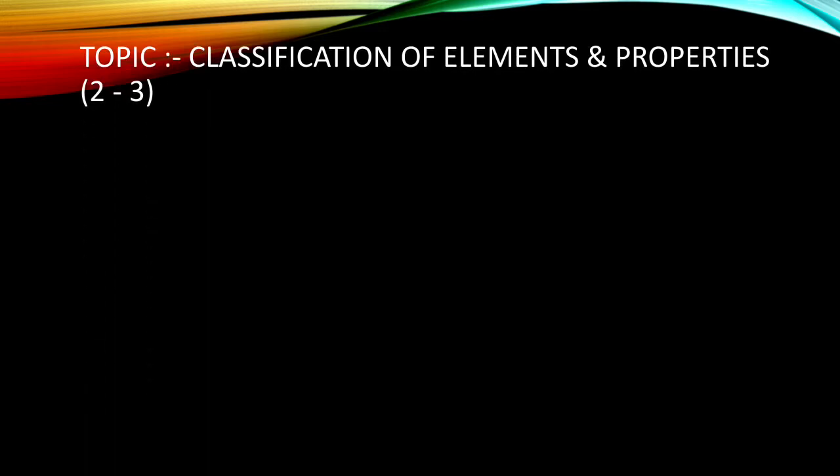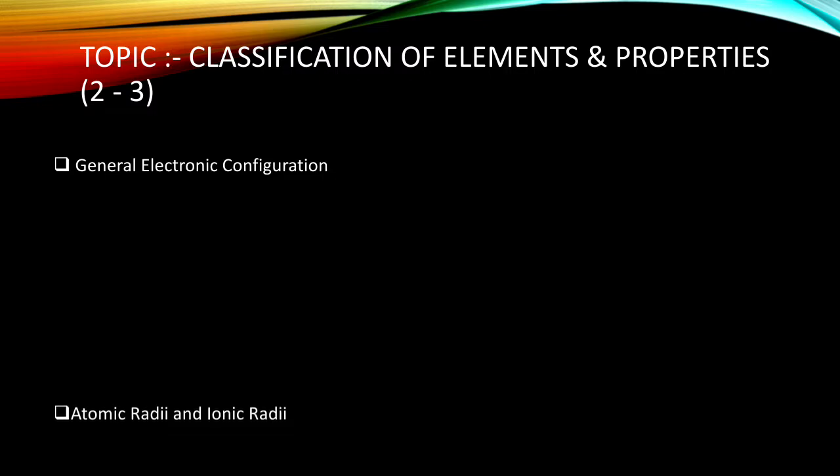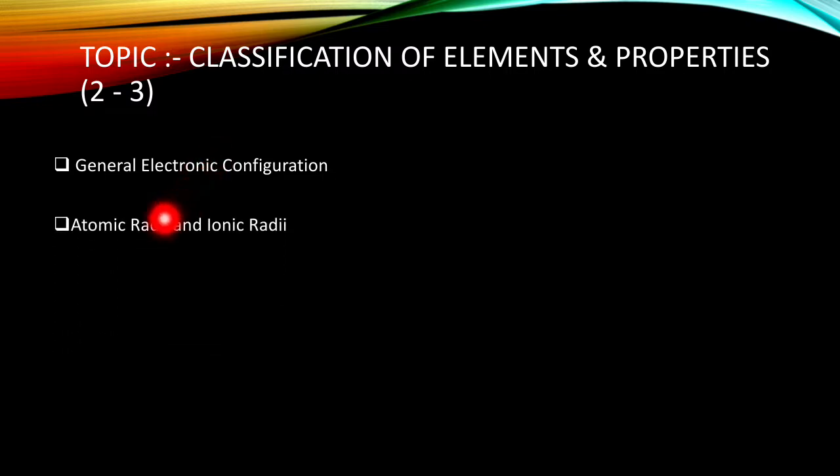From this chapter you can score 2 to 3 questions easily. It may be based upon electronic configuration. In electronic configuration, sometimes a general electronic configuration is asked or sometimes a specific atomic number is given to you. Next is atomic radii and ionic radii. From this category there is definitely a question, but it is a comparative type question. Then we have the next category, ionization enthalpy.